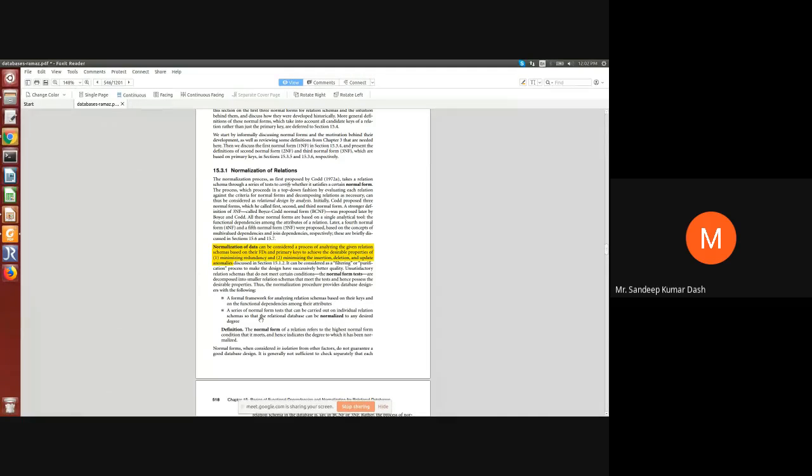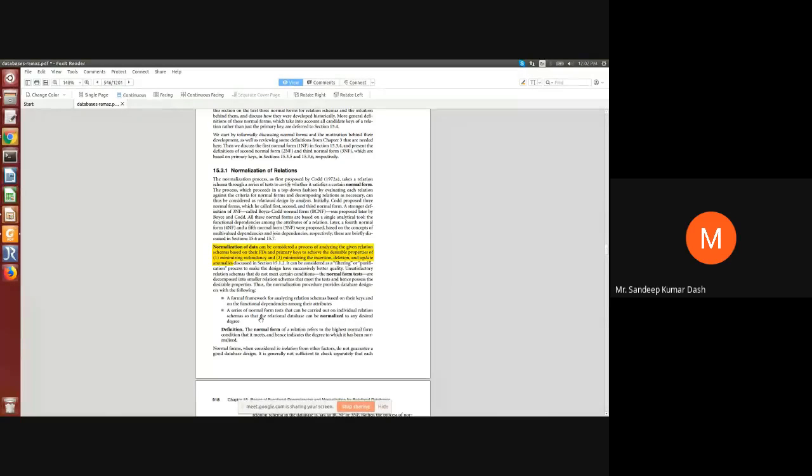Fine. Now, what do you mean by normalization? So you can see the screen. The definition says it is a process of analyzing the given relation schemas based on their functional dependencies and primary keys to achieve the desirable properties of minimizing redundancy, minimizing insertion deletion anomaly that were discussed in the last class, also last to last class, and avoiding the null value.